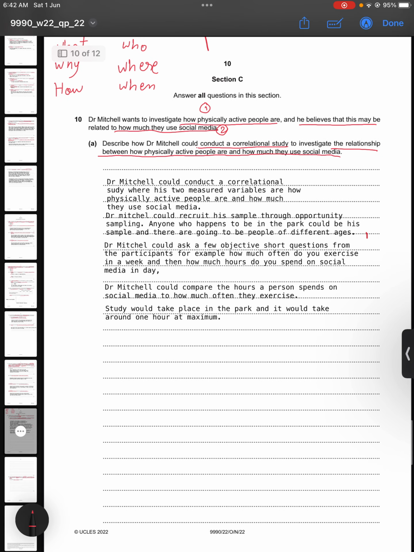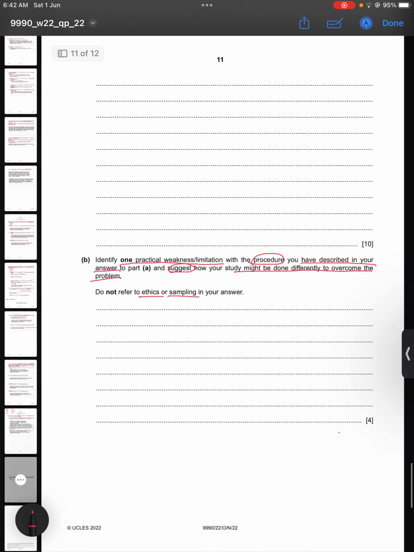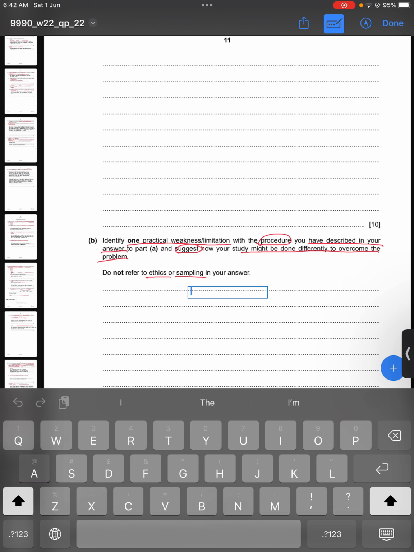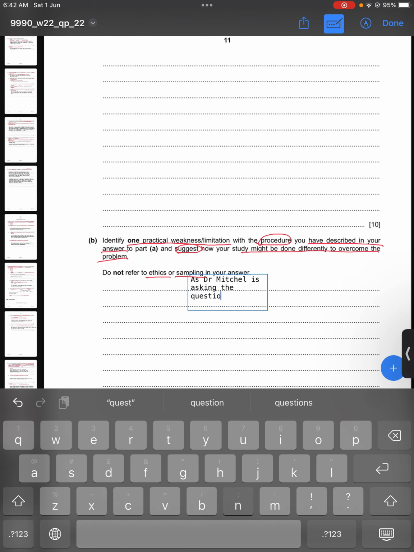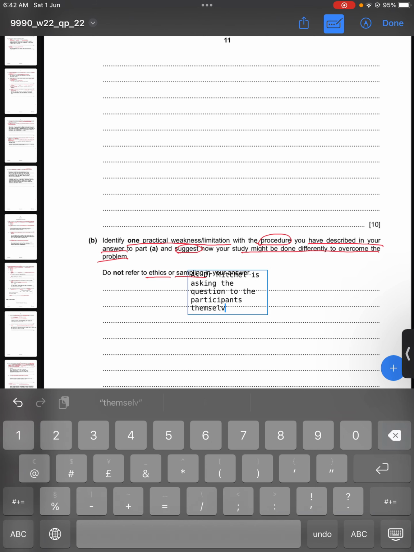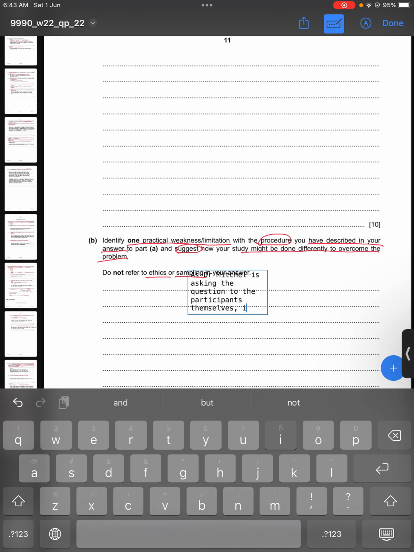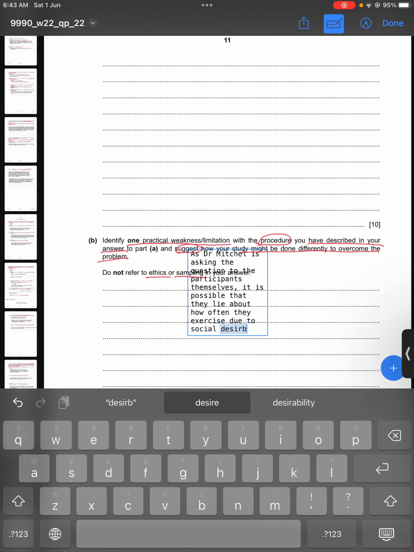So referring back to the whole procedure, we can write that as Dr. Michel is asking the questions to the participants themselves, it is possible that they lie about how often they exercise due to the social desirability effect.